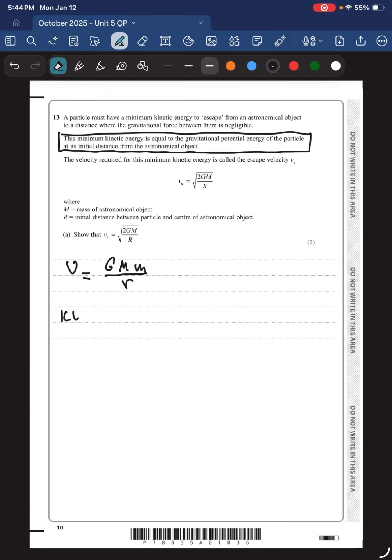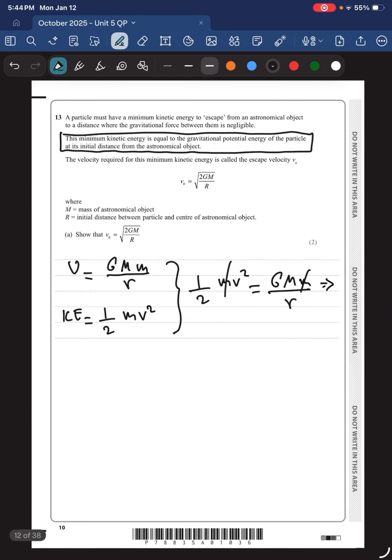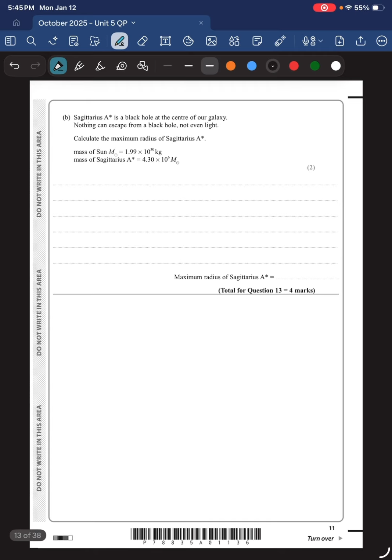The kinetic energy is 1/2 mv squared, and we set these equal to each other. So 1/2 mv squared is G capital M lowercase m over R. We can cancel the mass, and you immediately see that v is equal to the square root of 2GM over R. Easy peasy.